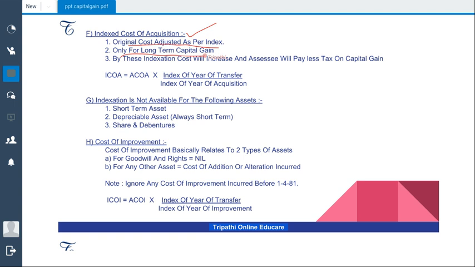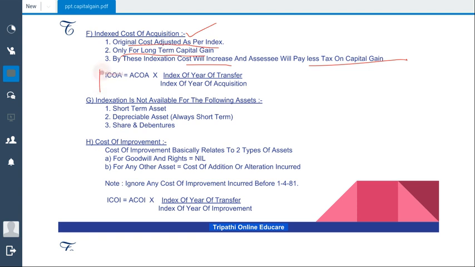Hence, indexation is available only for long-term capital asset or long-term capital gain. By this indexation, cost will increase and we will pay less tax on capital gain. So it's a benefit given by the government to us. Because of this indexation, our cost increases and profit comes down, and we end up paying less taxes.